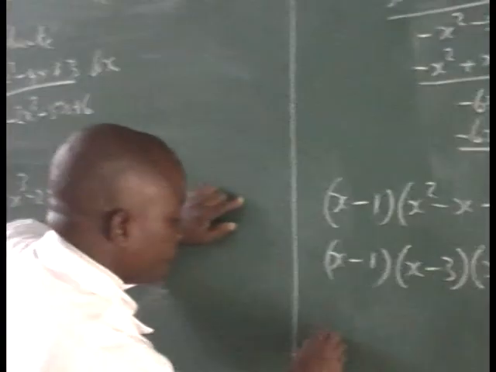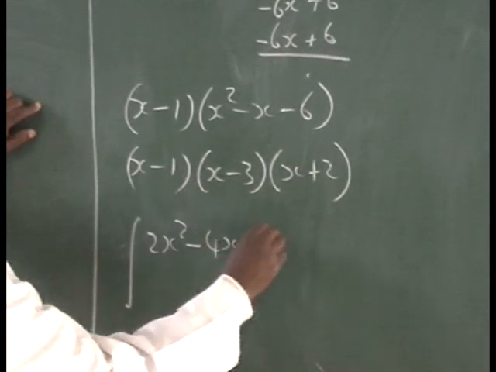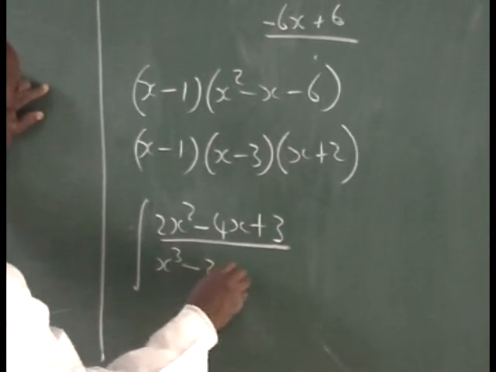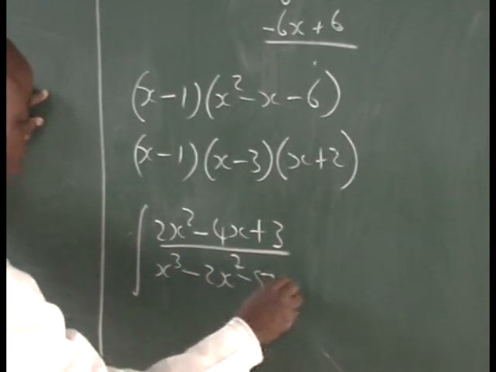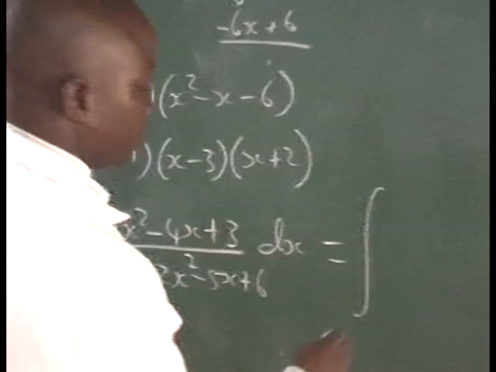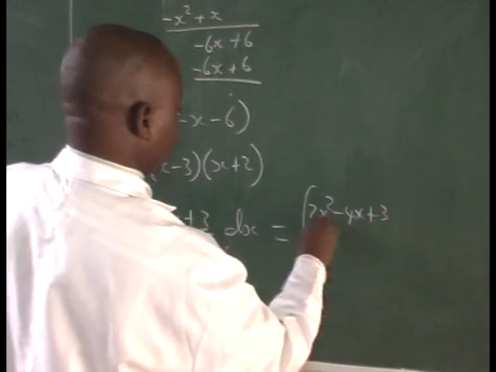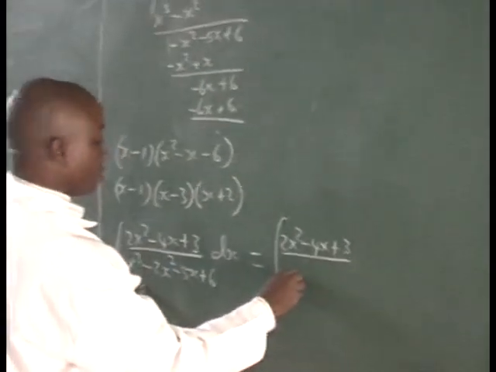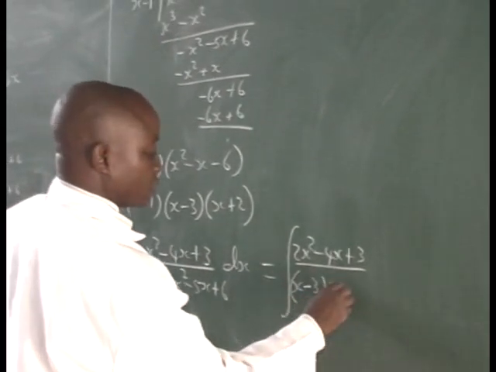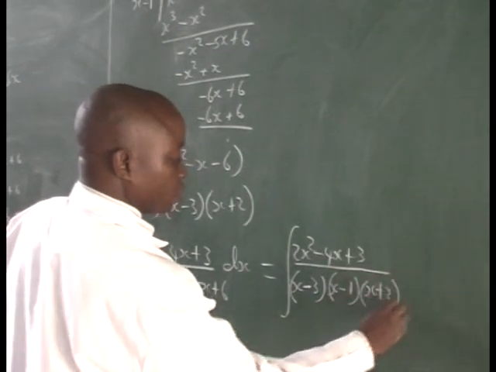So we can now see that the integral of 2x squared minus 4x plus 3 all over x cubed minus 2x squared minus 5x plus 6 dx is equal to the integral of 2x squared minus 4x plus 3 all over x minus 3, x minus 1 and then x plus 2 dx.